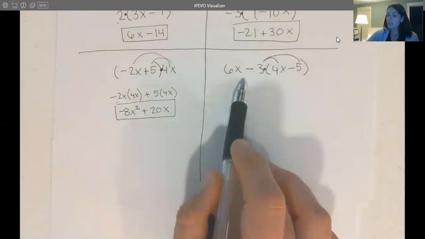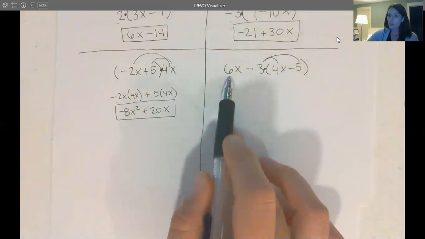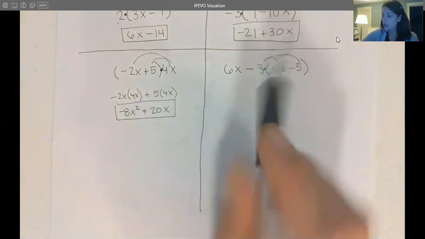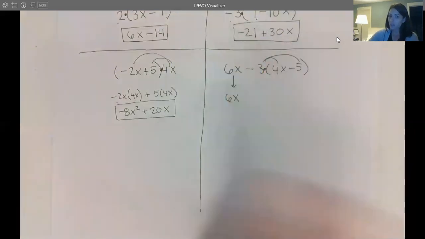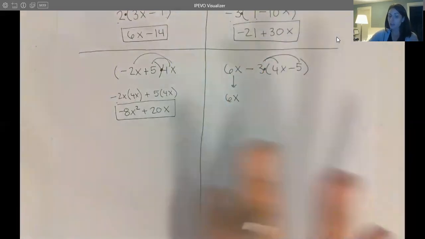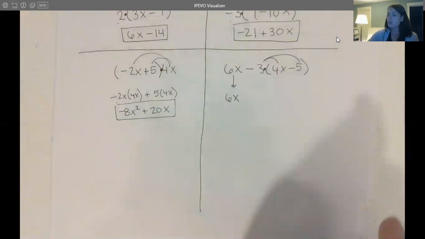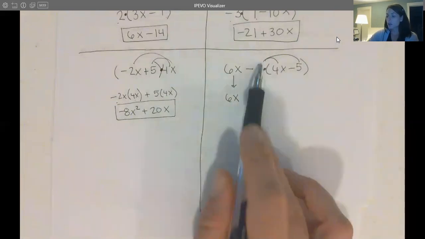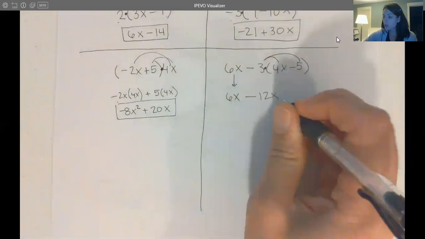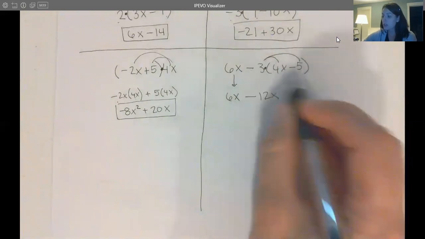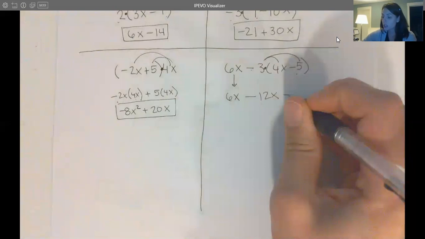Now this 6x out front is not a part of the distributing, so it's just going to, as I say, come along for the ride. So 6x is still there. Nothing is changing about that term initially. Then I distribute the negative 3 through, which is going to give me negative 12x, and negative times a negative gives me a positive 15.